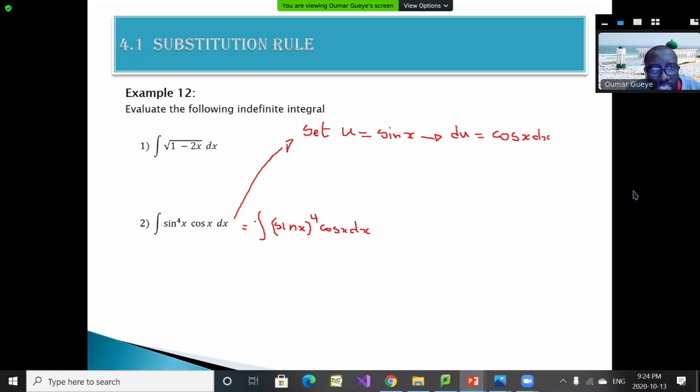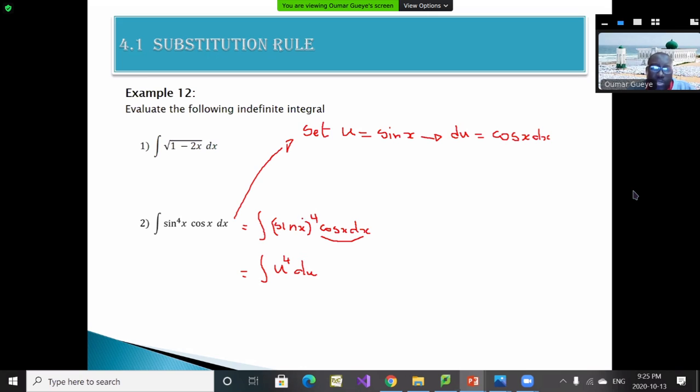And you guys can see, in fact, this is your u, what you have inside the bracket, and all this is going to be your du. So now you will get the integral of u to the power 4 du, and you can see the integral becomes easier.